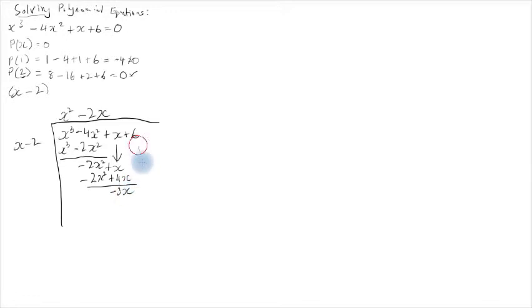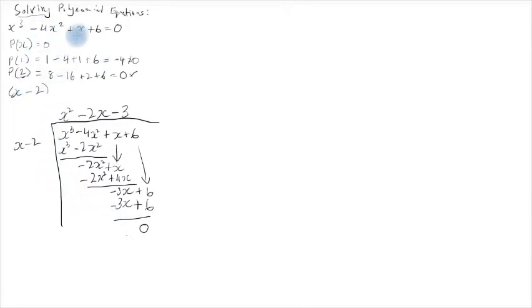Drop this bottom one down, plus 6. Now, once again, how many x minus 2's are there in minus 3x plus 6? That's minus 3. Minus 3 times x, minus 3x, minus 3 times minus 2, plus 6. Subtract again. Remainder is 0, which is good. That's what the remainder theorem had told us.